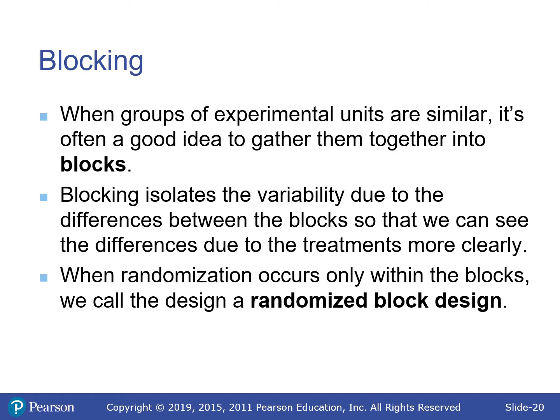When experimental groups are similar, we can block them. It's not essential, and that isolates the variability due to the differences between the blocks, whatever those might be, which spreads them out across the treatments so that they can be taken into effect. That's called a randomized block design.